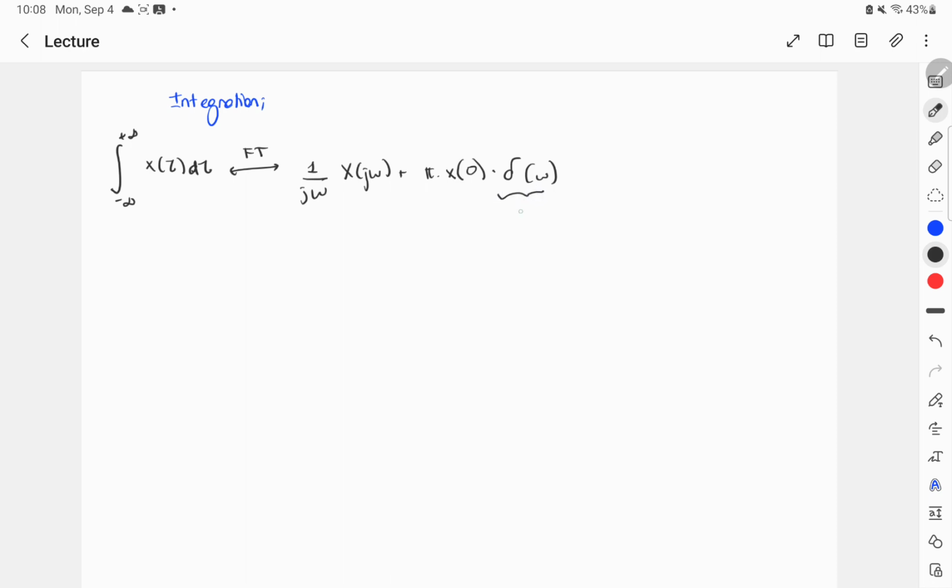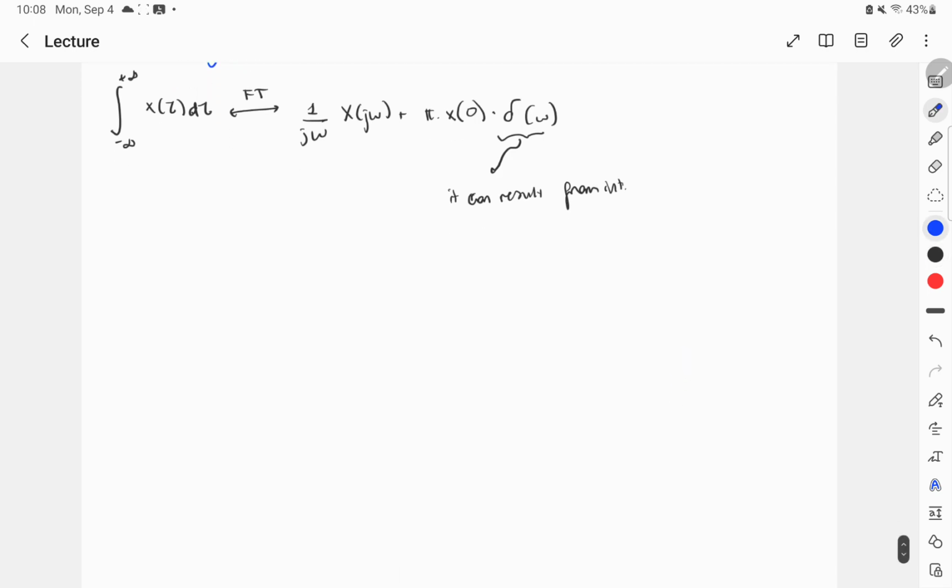Here the impulse term reflects the DC or average value that can result from integration, that's right. And then let's move on to the next property, which is time and frequency scaling.